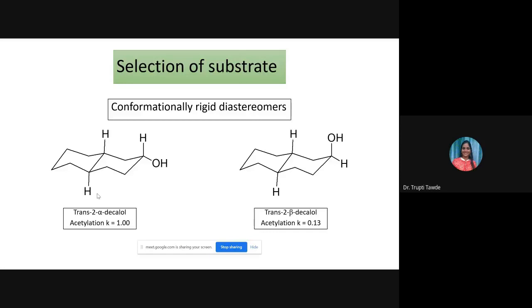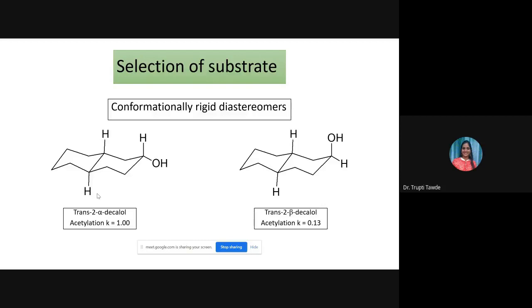Suppose I'm doing a study on decalin. You have studied the conformations of decalin, cis and trans. Which one is the most stable one? Suppose I have to study any reaction related to decalin, I will prefer to take trans decalin as my substrate rather than cis, because I know that cis has the problem of ring flipping.